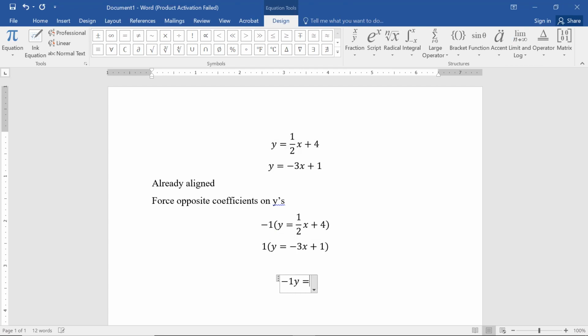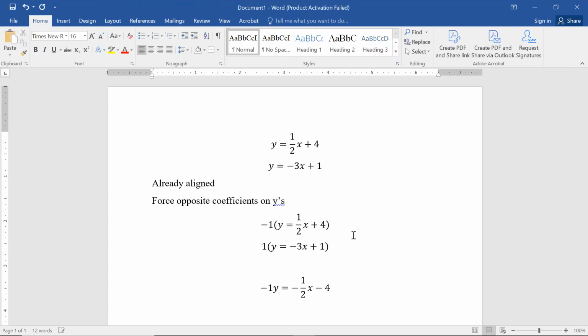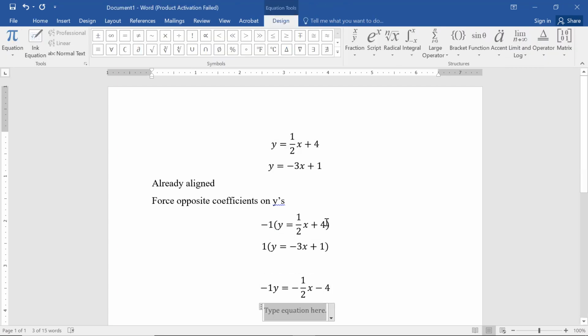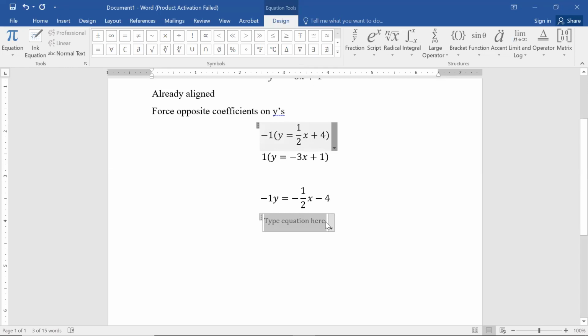As it stands, when you multiply -1 times the first equation, you get -1y is equal to -1/2 x minus 4. And when you multiply +1 by the second equation, you get y equals -3x plus 1.